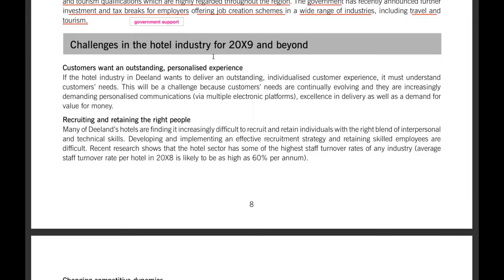Okay, challenges in the hotel industry for 2009 and beyond. Customers want outstanding and personalized experience.